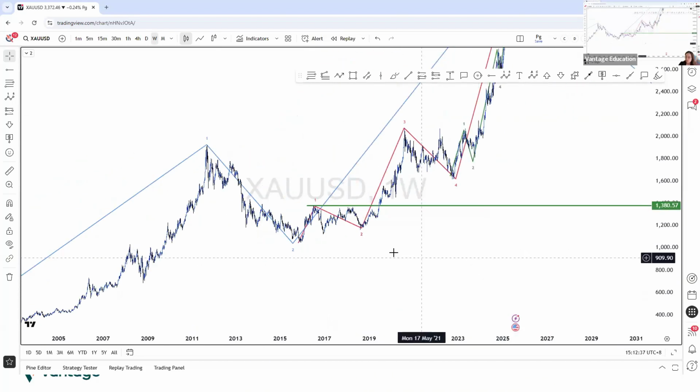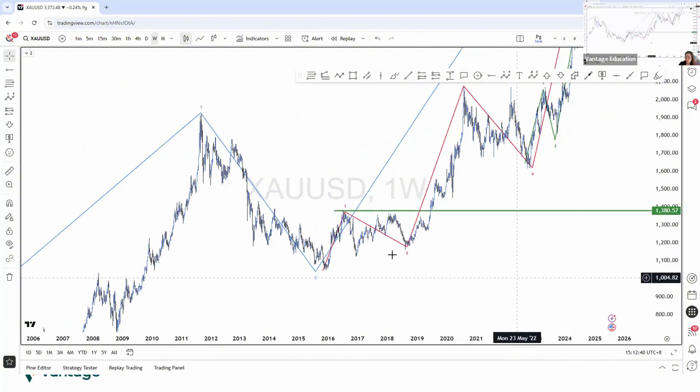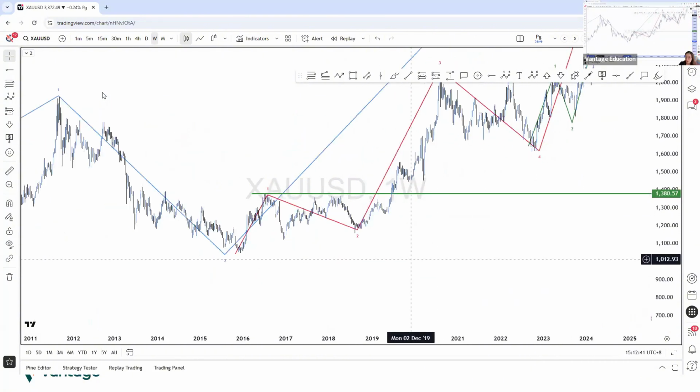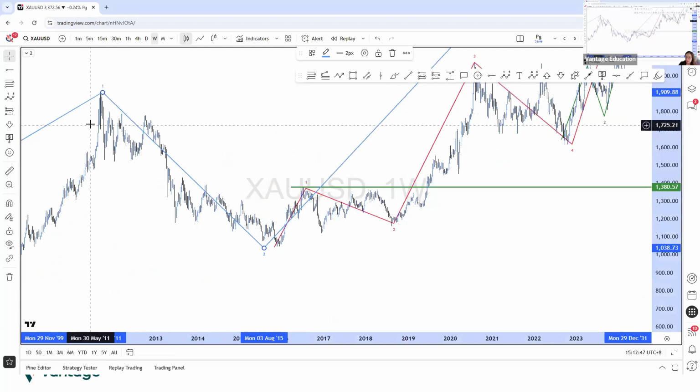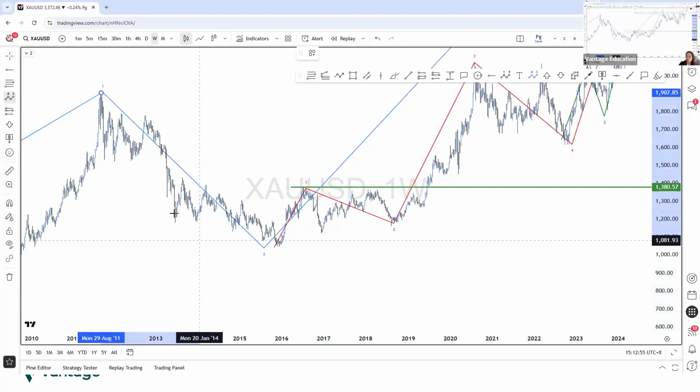Okay, the pullback, which is wave 2, right? We have wave 2 and wave 4. They will say that in the wave here it might have a zigzag A, B, C. So in this case, I will just have a quick check. They might have A and B, just A, maybe A, maybe B. No, hang on.